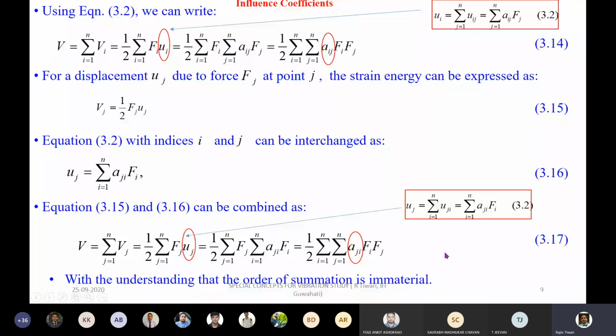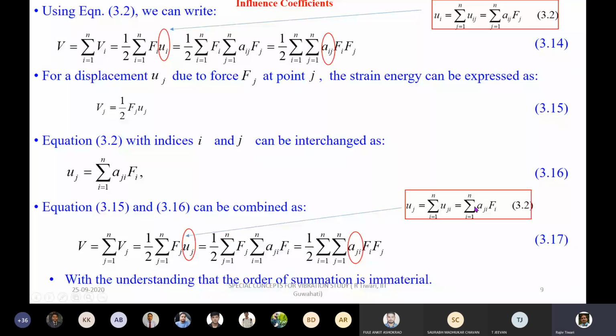So the summation will be from 1 to n, and this will be u_ji instead of u_ij. So the subscripts swap each other because now I am relating to j instead of i. Similarly, the influence coefficient here will be ji instead of ij. So this expression has been obtained just by swapping the subscripts.